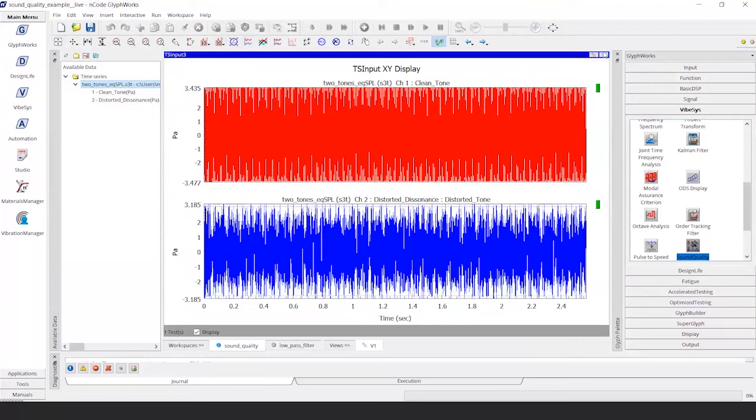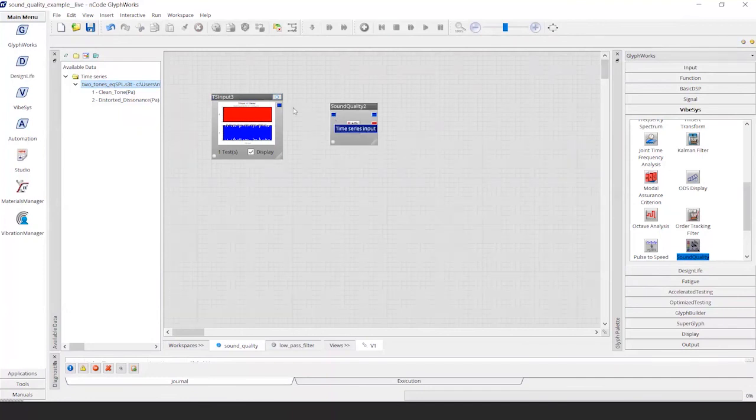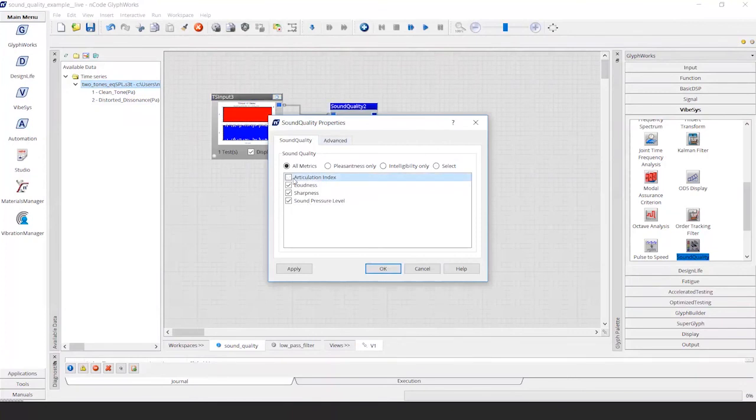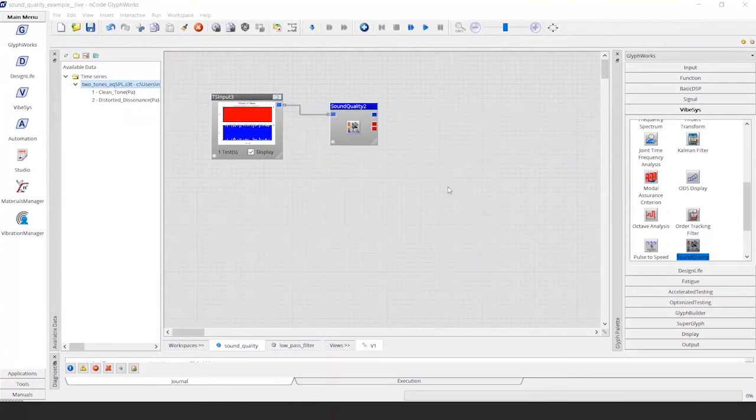So here we've got our 2 microphone signals, and let's output some psychoacoustics metrics. We will use the sound quality box here. We connect it, and we tell it what we want to output: loudness, sharpness, and pressure level. We tell it we want the spectra. Okay, fine.